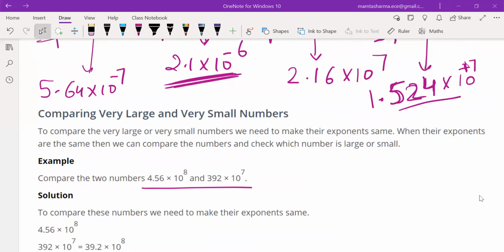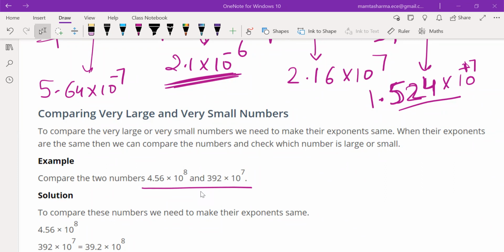Tanvi: Ma'am, we can write 3.92 and increase 2 digits near 10.